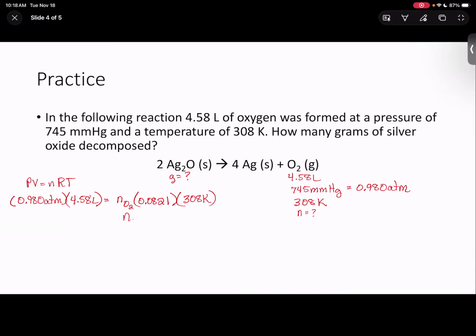Calculating this out, you get moles of oxygen equal to 0.177 moles of oxygen.